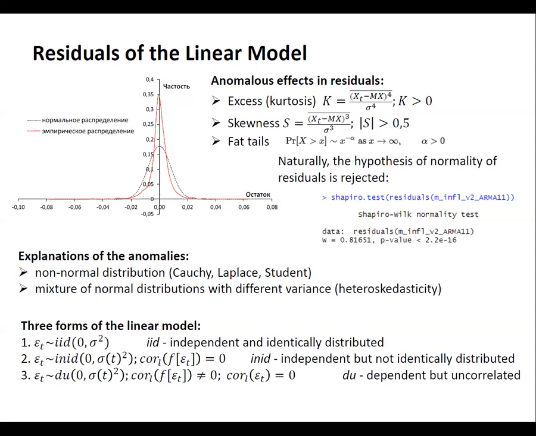Let's conduct a thought experiment. We have a sample of 1000 data points, and this sample is formed as follows. The first 500 items, the first half of the sample, are formed by a normal distribution with low variance, and the second half is formed by a normal distribution with high variance.